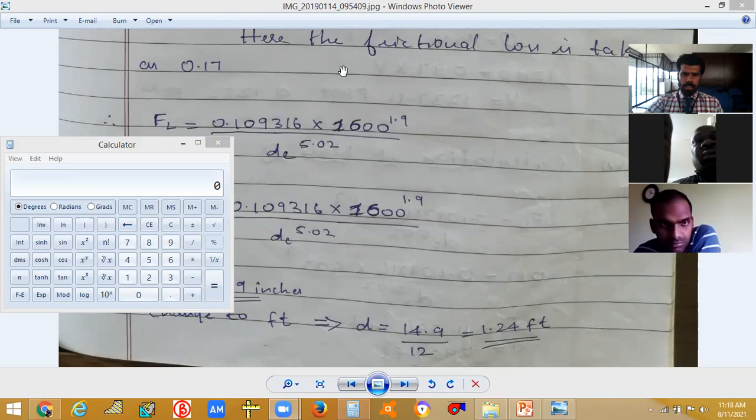I don't know whether we'll be getting that answer or not. Just do as I said, like the answer raised to 1 by 5.02. The 1 by 5.02 should be in a bracket, okay? Otherwise, you won't get the answer.